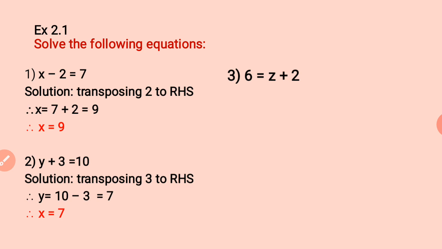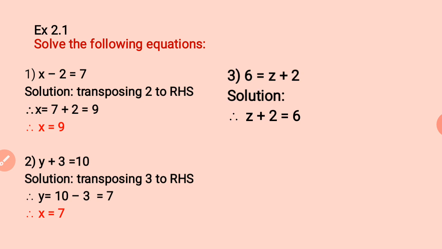Now the third question, 6 equal to z plus 2. In this case, you will see that your variable comes on the right hand side. We are more comfortable when the variable is on the left hand side. So what we do is, we will swap the two things. z plus 2 we will take on the left hand side and we will take 6 on the other side. Children, there will be no change of sign here, because we are not transposing, we are only swapping.